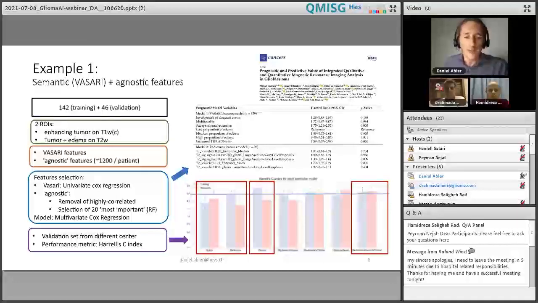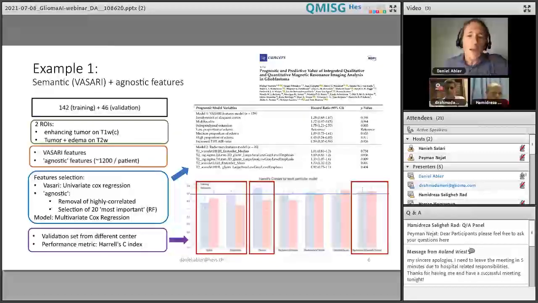They have two data sets, a training data set that is purely used for model building, as it should be, and a validation set that is used in the end to evaluate the model. They define two regions of interest based on the enhancing tumor and the hyperintense region on T2 or FLAIR.